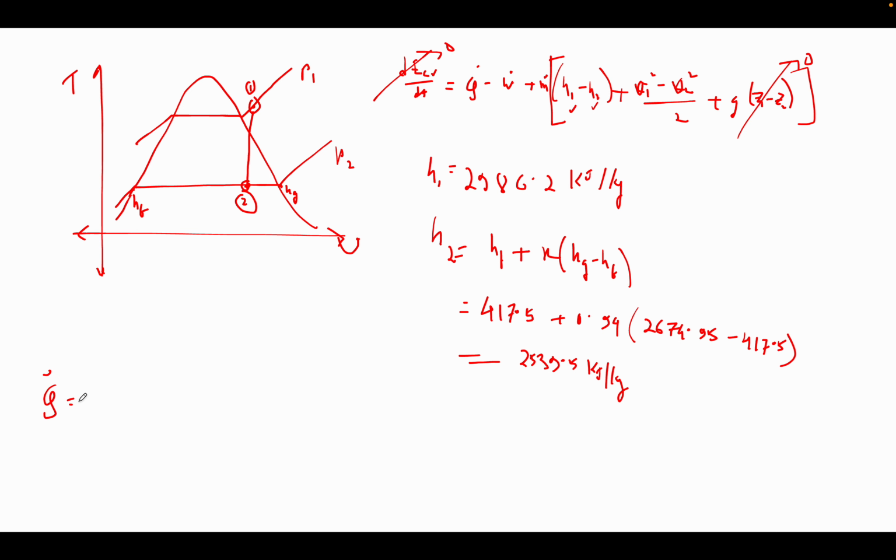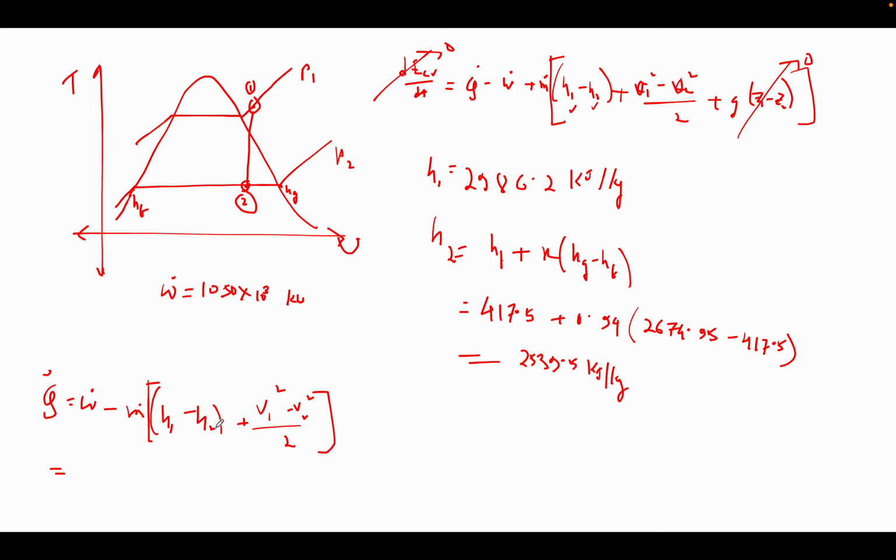So Q dot will be equal to W dot minus M dot times (H1 minus H2 plus (V1 squared minus V2 squared) by 2). W dot is given, it is produced by the turbine, so W dot is positive. I will convert it into kilowatt: 1050 into 10 to the power 3 kilowatt.